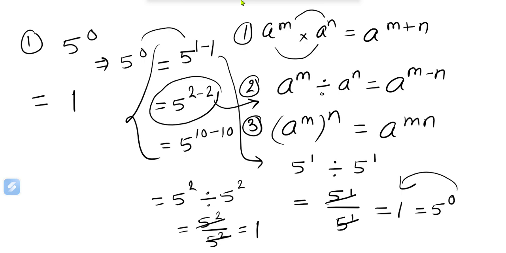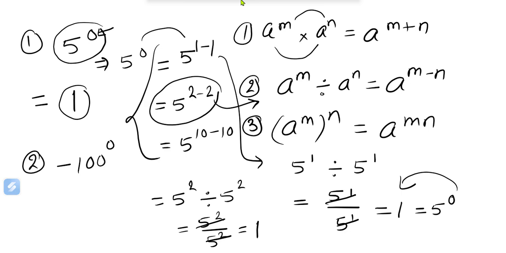So what I want to show you is if any number has the indices 0, the power 0, then the value is always 1. Now, for example, if minus 100 has power 0, that simply means minus 1, because this 100 has the exponent 0.